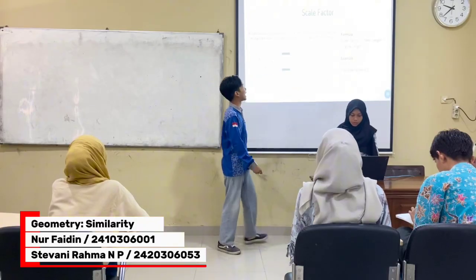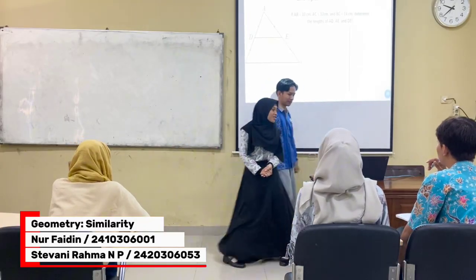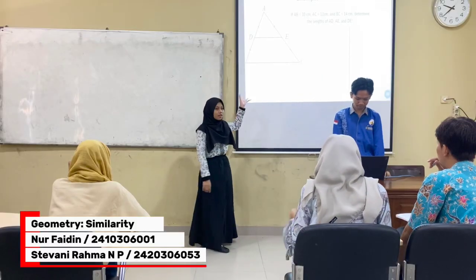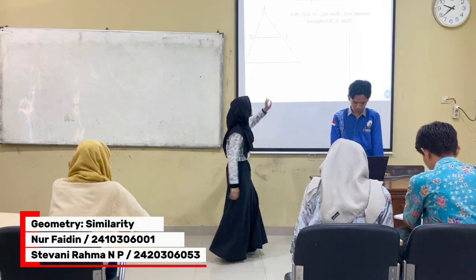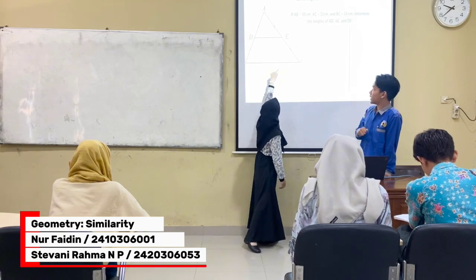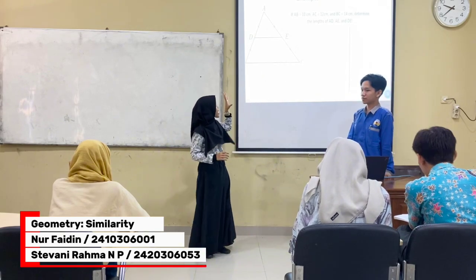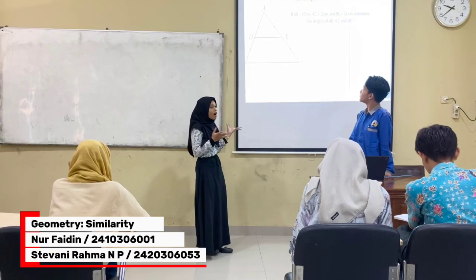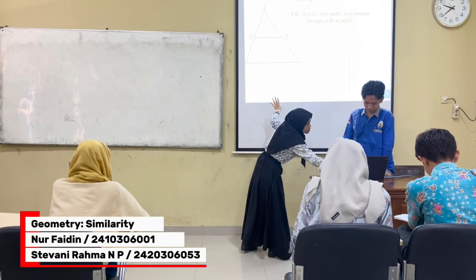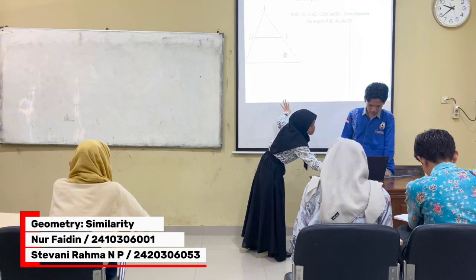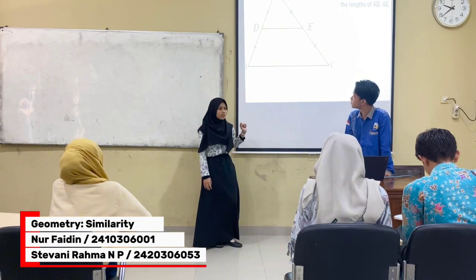Now next, Miss Stephanie, please. Okay, now look at this example. We have two triangles. Can you notice these marks? This means that AE and EC are equal, and that AD and DB are equal too.